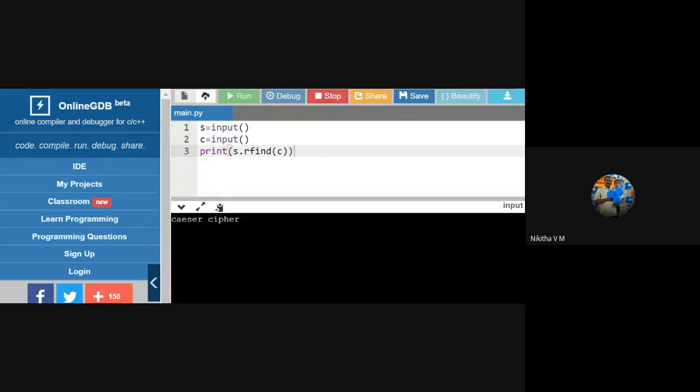Let us check with E. What will be the output? If I'm taking E, what will be the output? Highest index of E. Ten or 11.